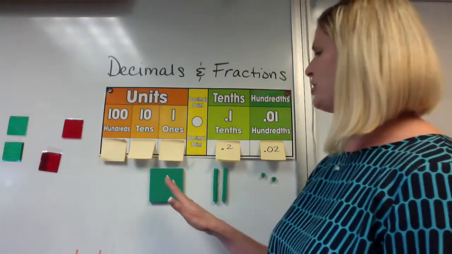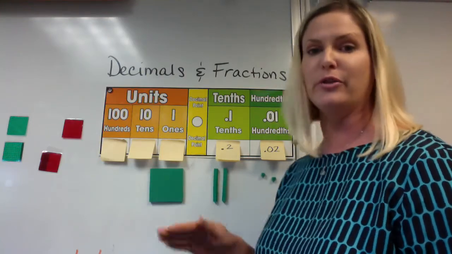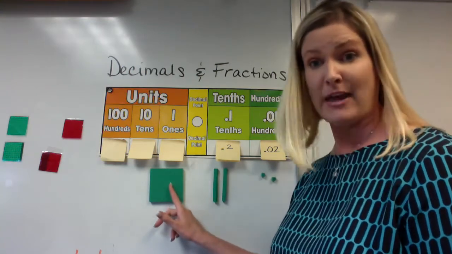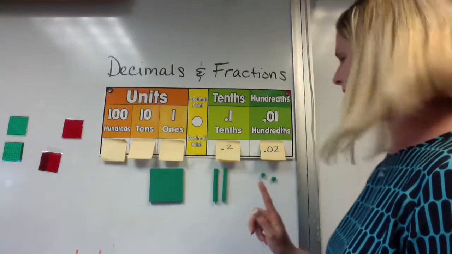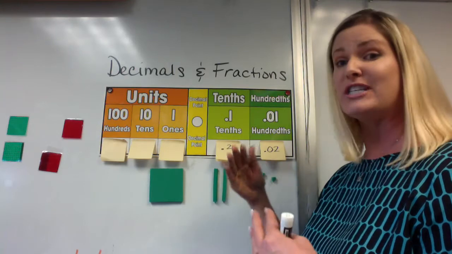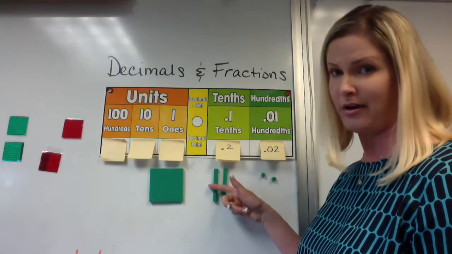In this case, we're going to use base 10 blocks to show you examples of decimals. I've got my base 10 flat, which is 100. We're going to use that to represent the ones place. Then we've got the base 10 rods. We're going to use those to represent the tenths place, which is a relationship because how many blocks are in each rod?